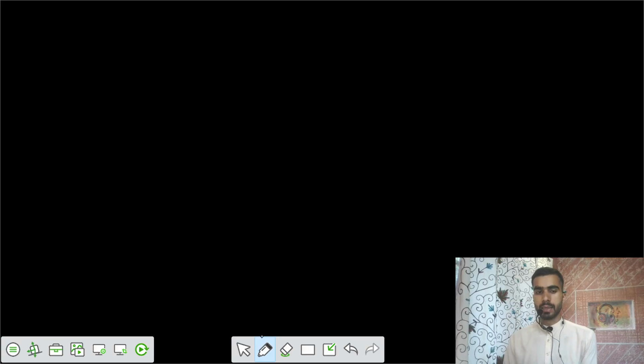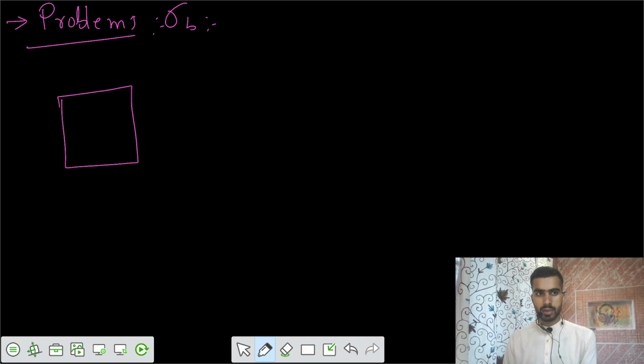Today's lecture is about the problems related to bending stresses. So we have the problems. Take problem number one. Let's say this is the cross section of the beam.